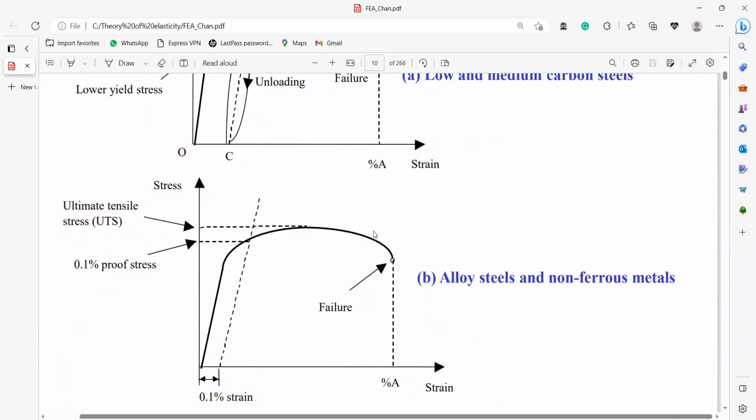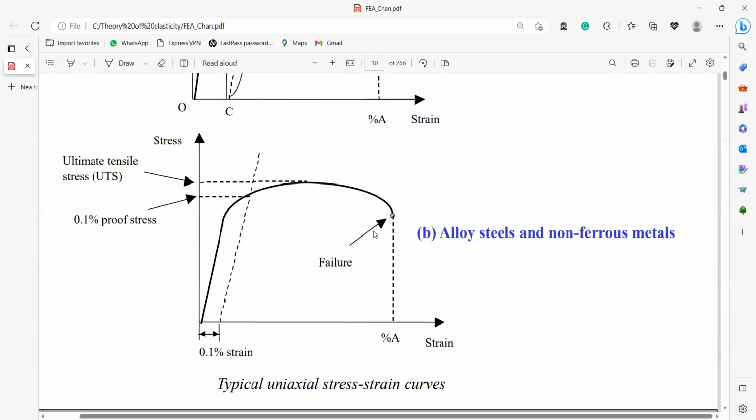So these are alloy steels. Alloys are better materials.